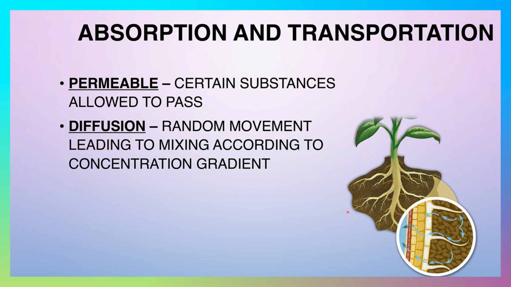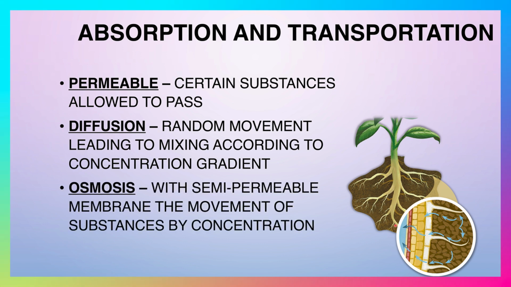And this is diffusion, and I think we've talked about diffusion before. Diffusion is the random movement and mixing that happens according to concentration differences. So if you have a higher concentration of solutes, like sugar or minerals here, then the water out here will passively move through the permeable layers to get in here. And that's called diffusion.